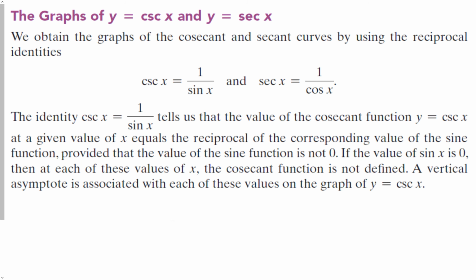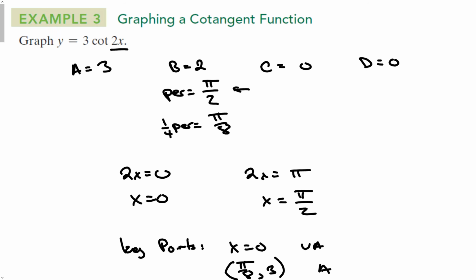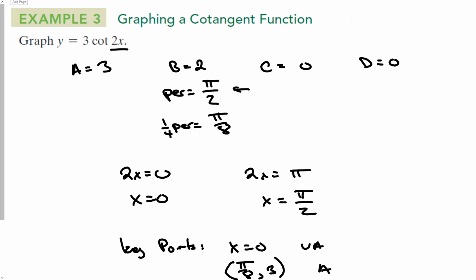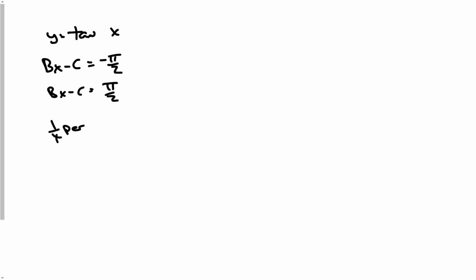Okay, so for tangent and cotangent, what did we have to remember? For tangent, y is equal to tangent of x, we set bx minus c equal to negative pi over 2, and we set bx minus c to positive pi over 2, and then use the quarter period to get the points in between.